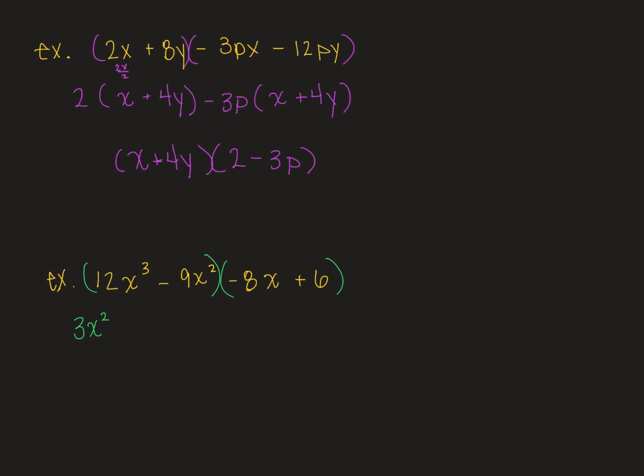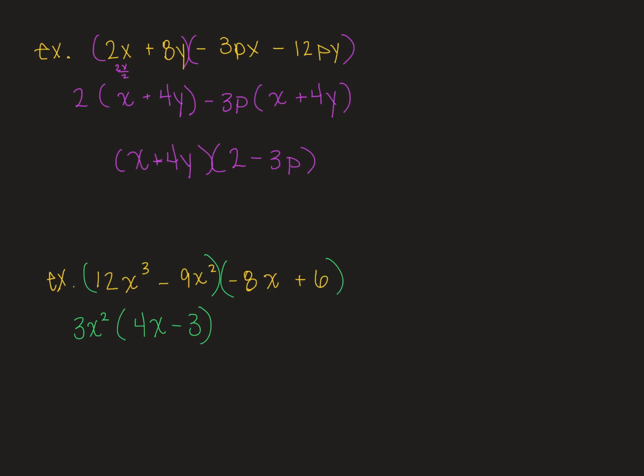So imagine that exponent, like how many you can take out. So 2 or 3, so the minimum, the common is going to be 2. When I think about dividing, I'm dividing 12 by 3 and I get 4, and x cubed by x squared, and that's going to leave me with 1x. When I take a 3 out of 9, I'm left with a 3, and I've taken an x squared out, so when I divide that, nothing's left.